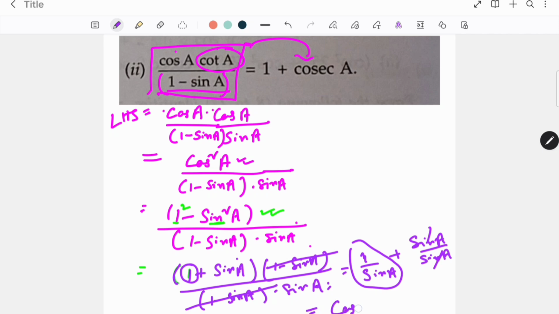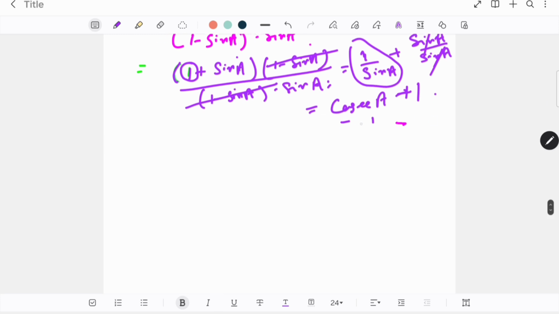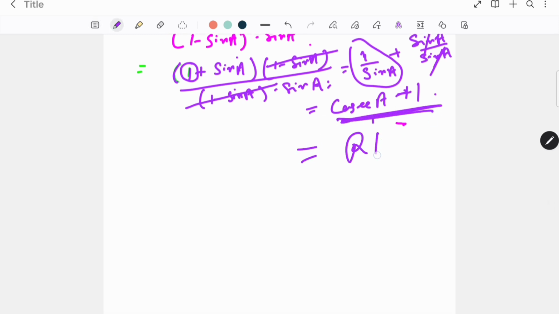So we got cosec A plus 1, as this sine A cancelled. So this is only our RHS, 1 plus cosec A. So we got our RHS. Right, hence proved.